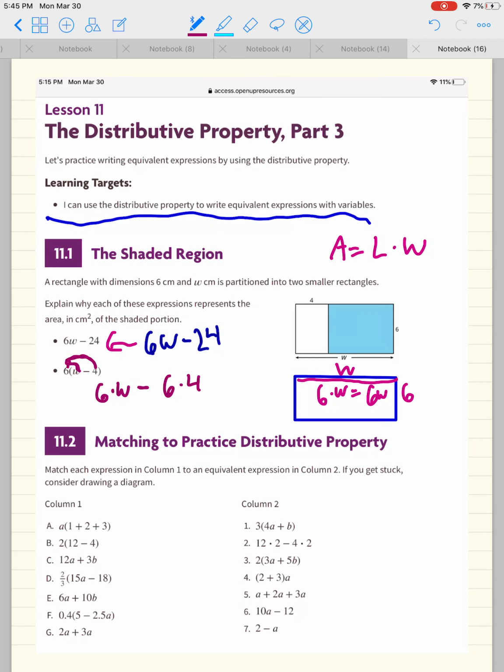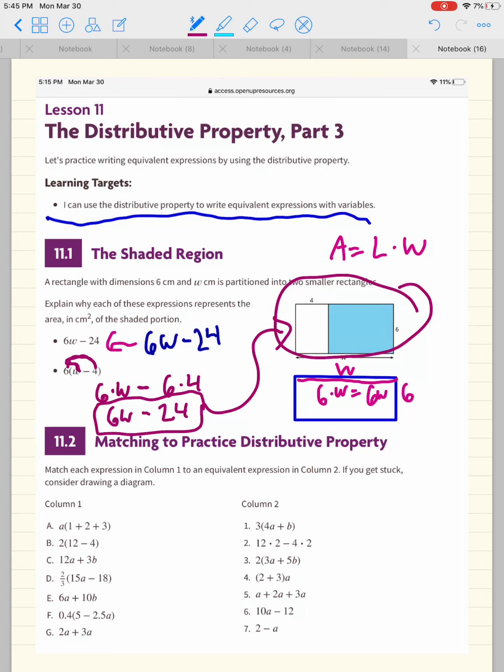That's what the 6 on the outside of the parentheses is telling you to do. So 6 times W is 6W, and 6 times 4 is 24. So this again represents the same thing: the area of the big rectangle minus the area of the little rectangle. I hope that made sense.